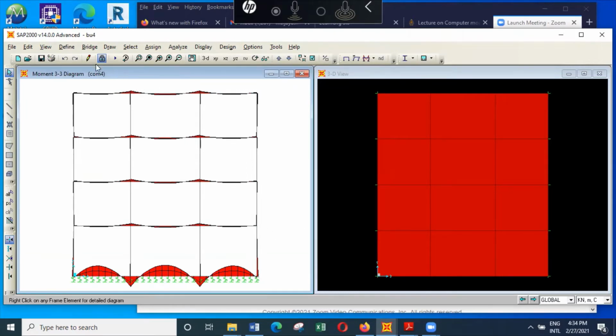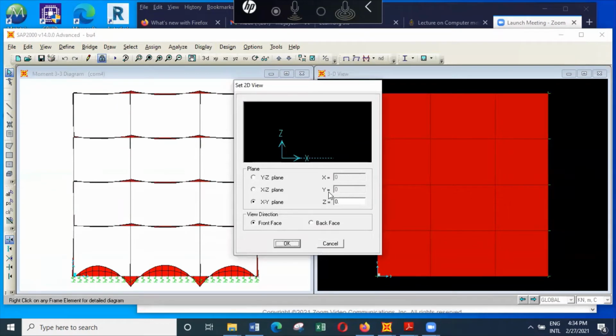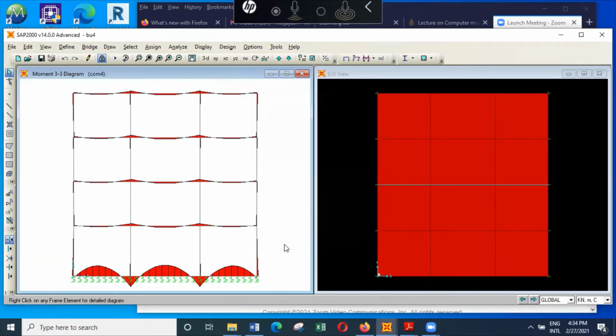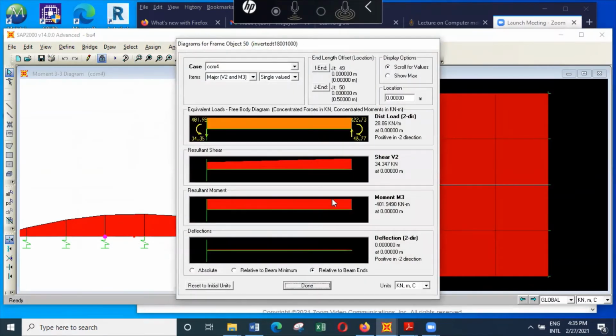So you get the bending moment diagram, but again, we look at the frame at y equal to 8. That is one of the middle frames. And here you can see the bending moment diagram. If you enlarge it, you'll see values like 118.